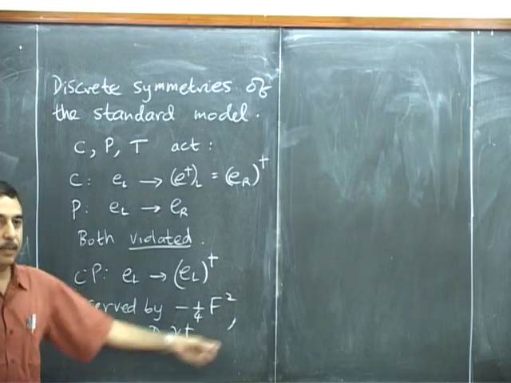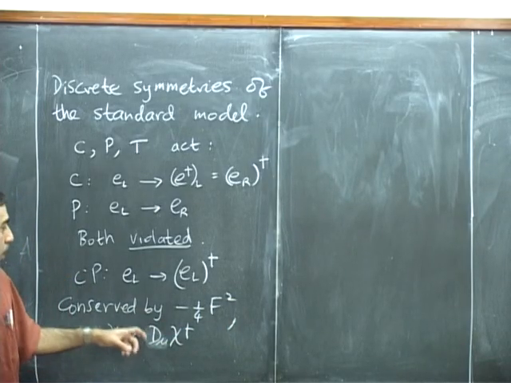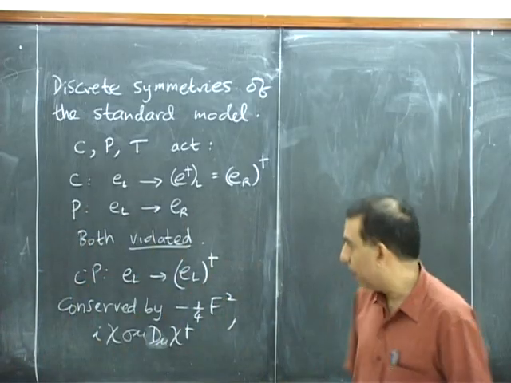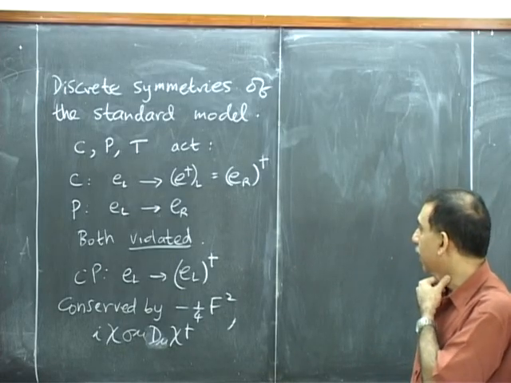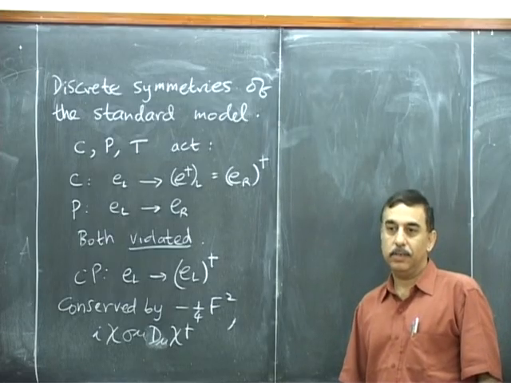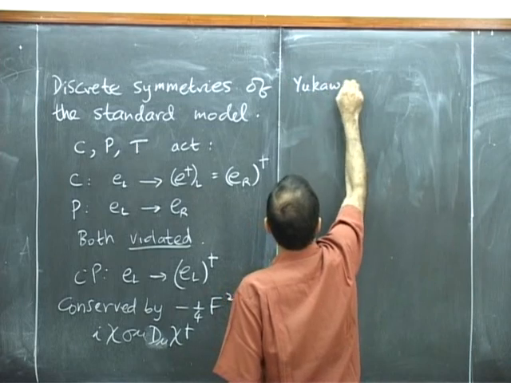So this whole bunch of things, which is dictated entirely by the gauge symmetry, is going to preserve CP. Now, the Higgs is not going to do anything interesting. It's really going to be the Yukawa couplings which have a chance of violating CP. So let's look at the Yukawa couplings.